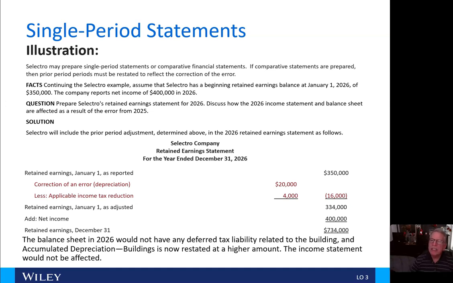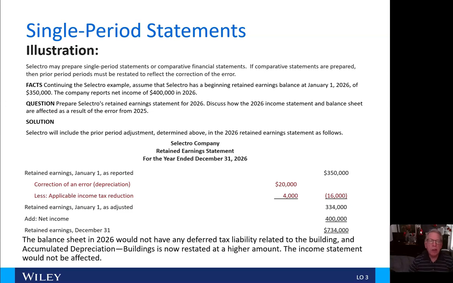Continuing on with the Selectro example, we are going to assume that Selectro had a beginning retained earnings balance at January 1, 2026 of $350,000. The company reports net income of $400,000 in 2026. So the question then is, how do we prepare Selectro's retained earnings statement for 2026?